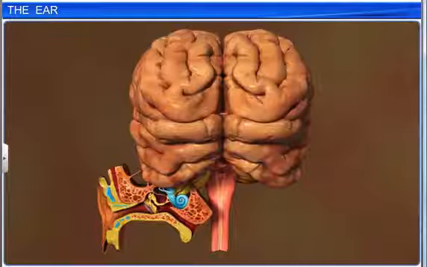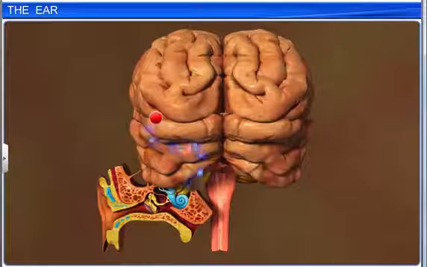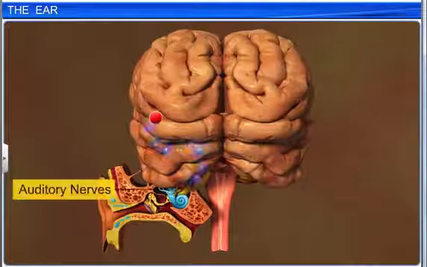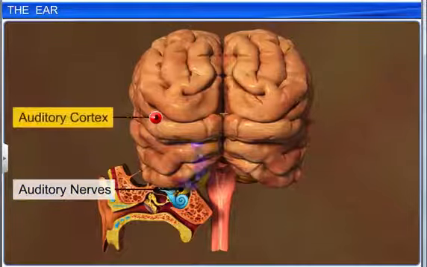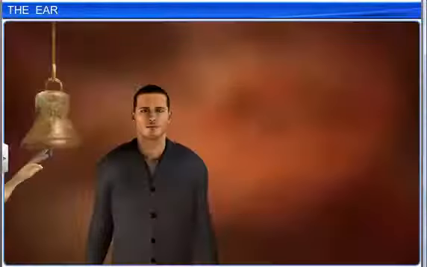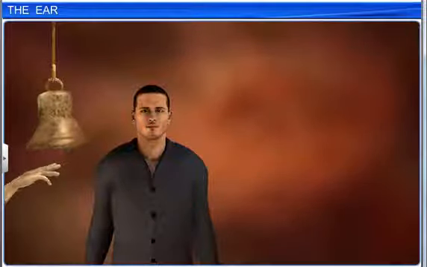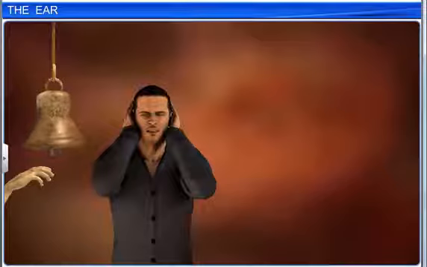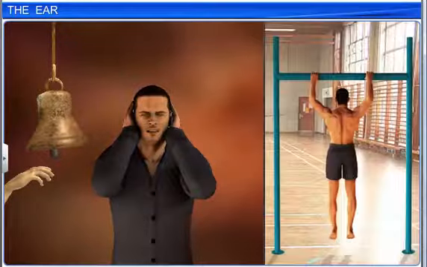As a result, the hair cells generate nerve impulses, which are transmitted along afferent nerve fibers and auditory nerves to the auditory cortex of the brain. The brain then interprets these nerve impulses and sound is recognized. In this manner, the ear forms an important part of the auditory system and also helps us maintain our balance.